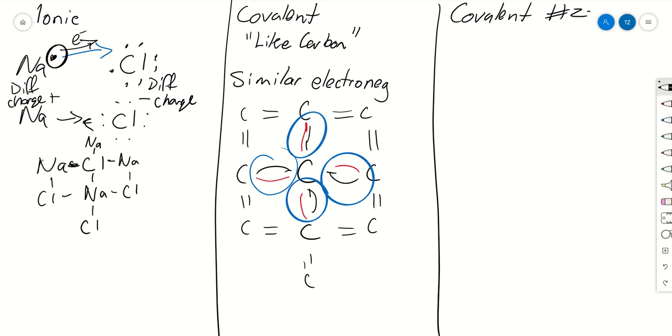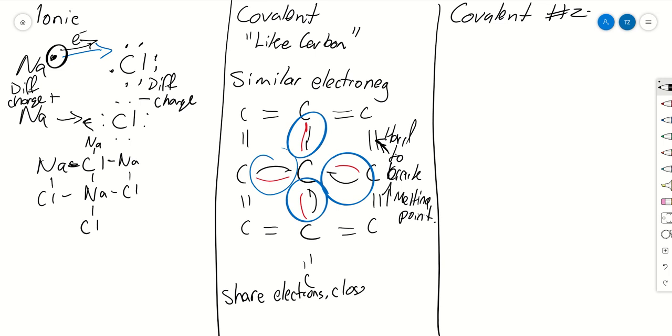Hence why carbon has a really high melting point, because it's really hard to break these ones. And this is because you're sharing electrons.